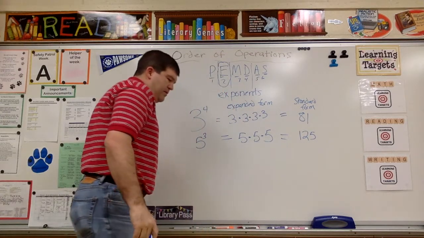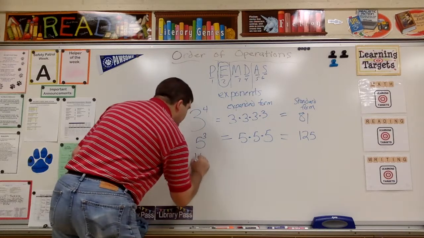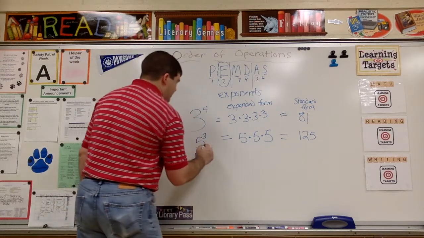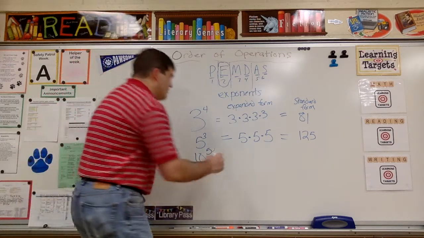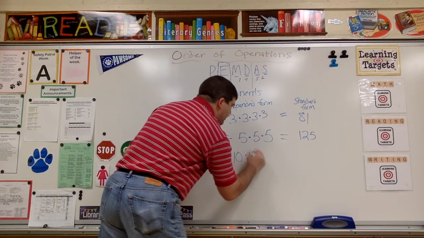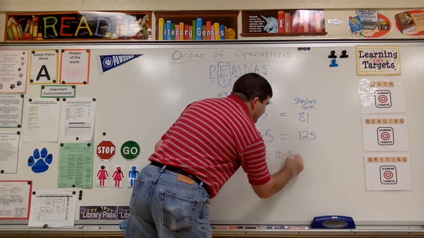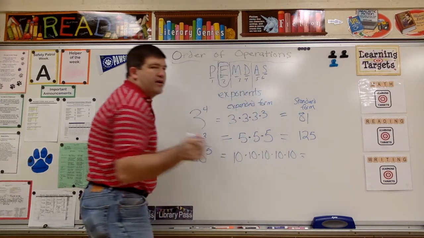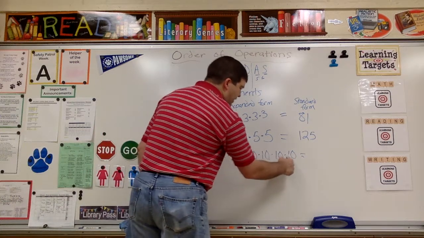Let's do one more. How about we do 10 to the fifth? 10 to the fifth is going to be 10 times 10 times 10 times 10 times 10. Let me make sure I have 5 tens, because that's what I need, 5 tens. 1, 2, 3, 4, 5.